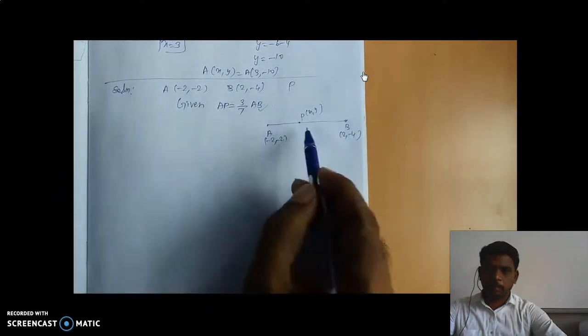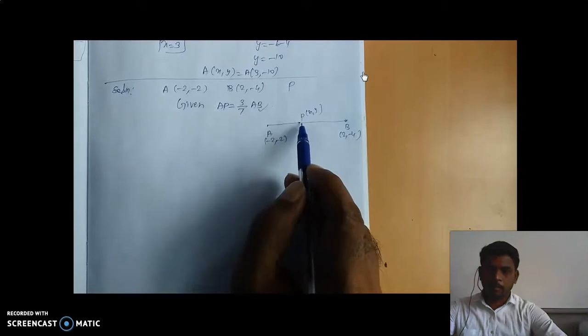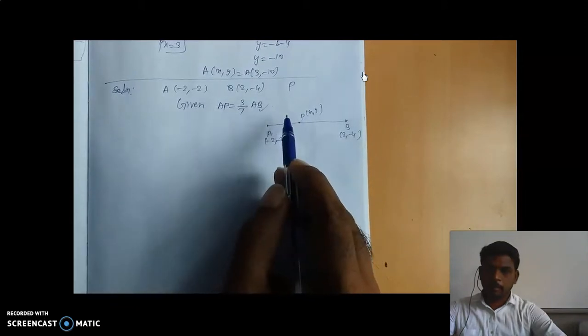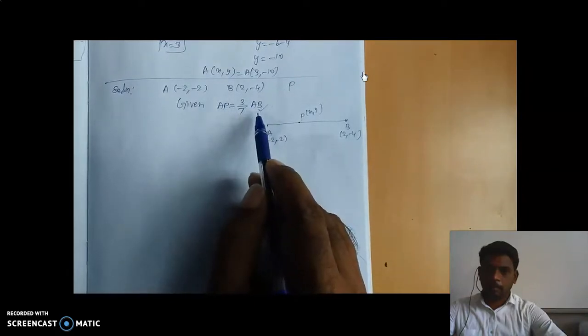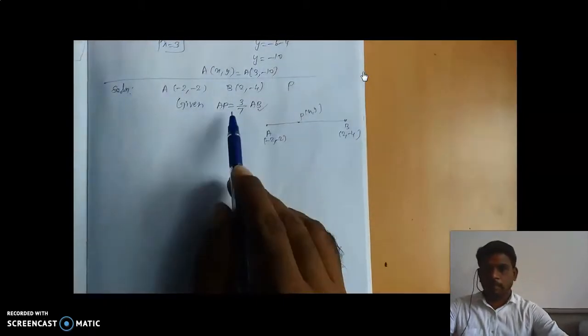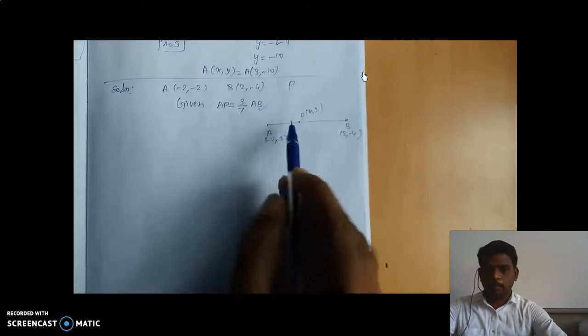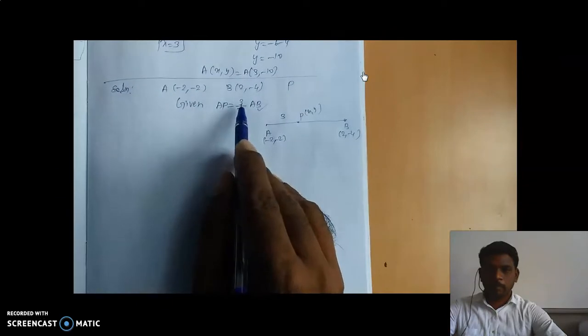If we want to find the coordinates of P, we definitely need a ratio. Without a ratio, it is not possible to find the point which divides the line segment. The ratio is not given here; instead they give this information, that AP equals 3 by 7 into AB. Now, AP is 3 out of 7 of AB.